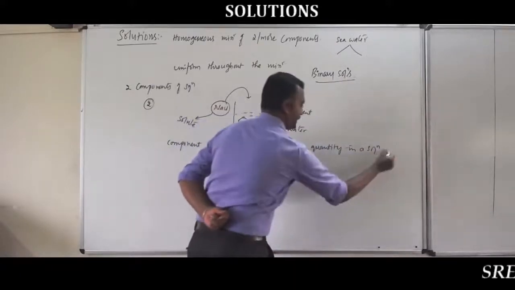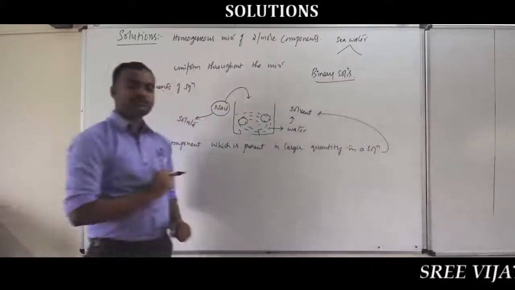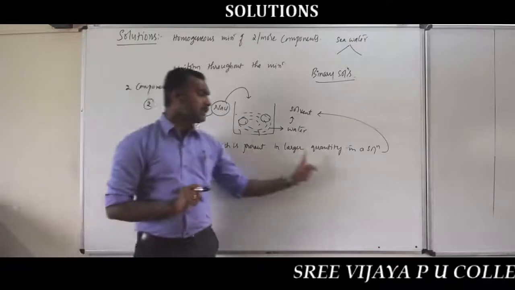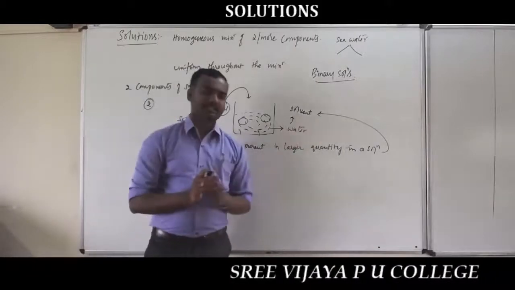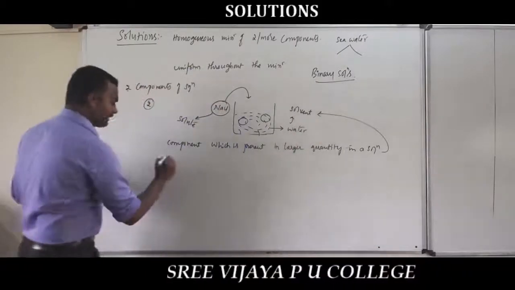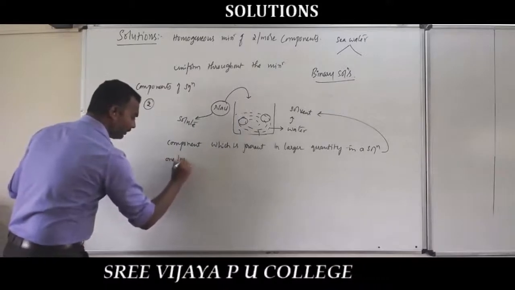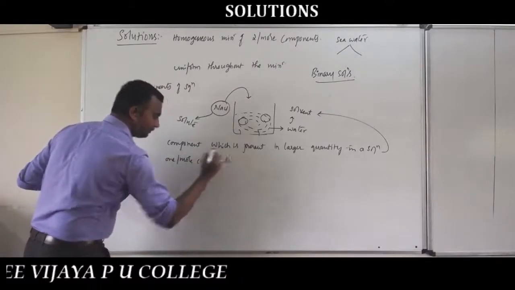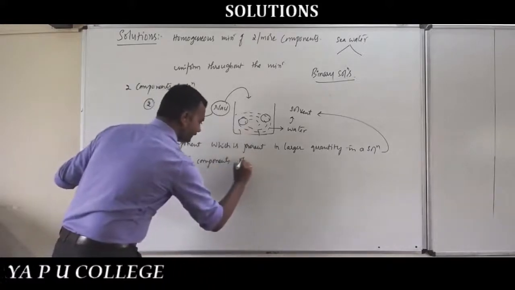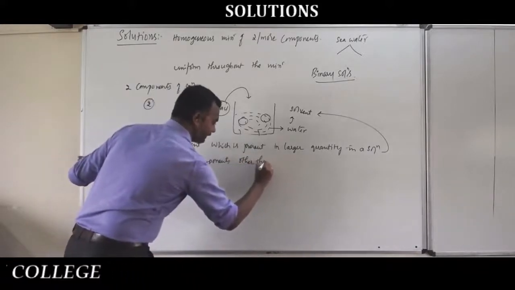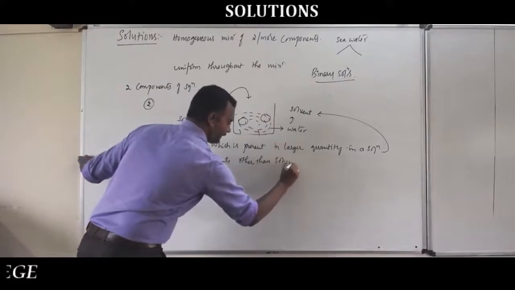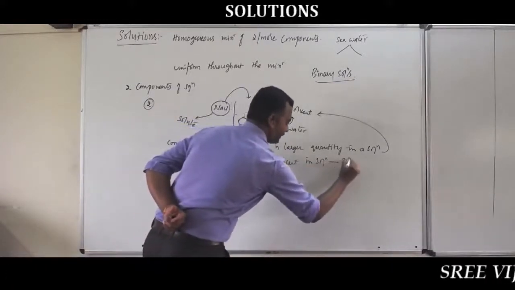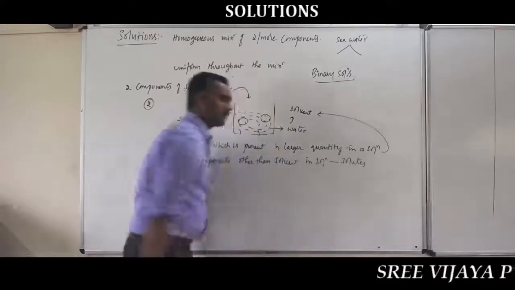Solvent is a component in a solution which is present in a larger quantity, that is called a solvent. And what is meant by solute? One or more components other than the solvent in a solution are called solutes. So this is the meaning of solute.